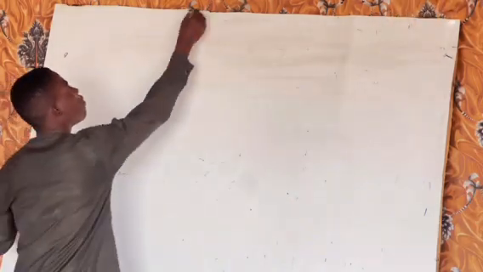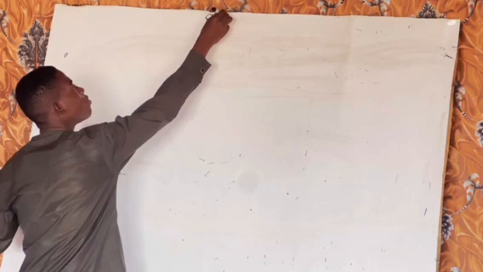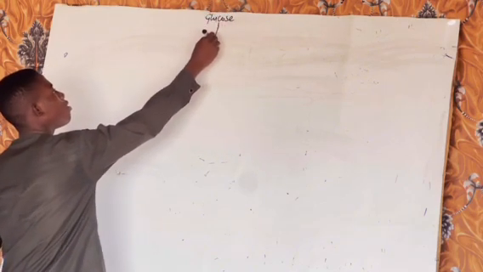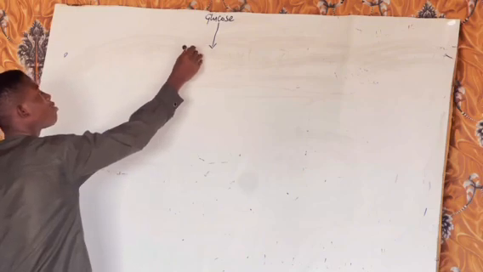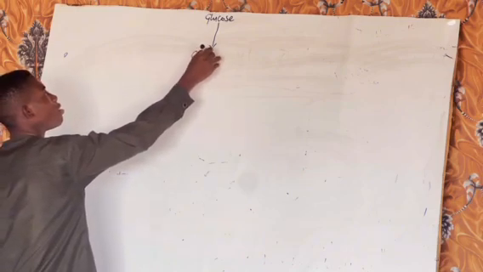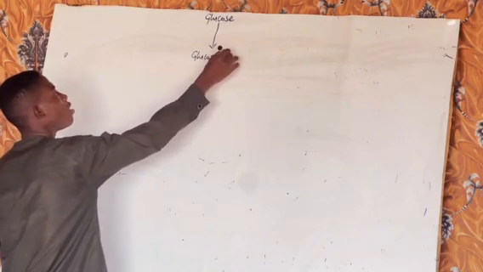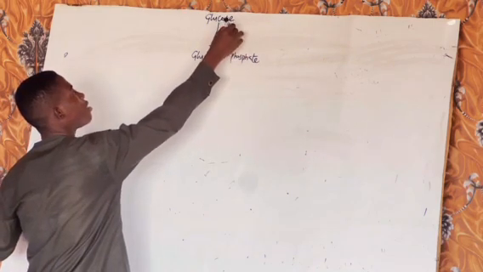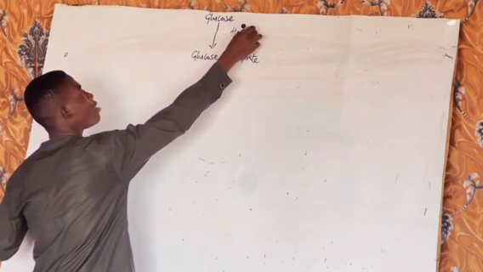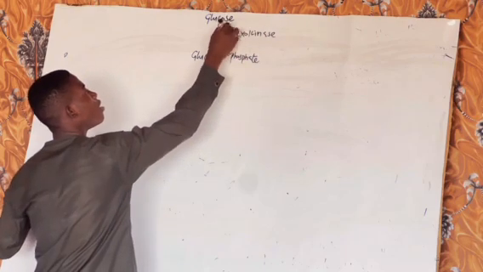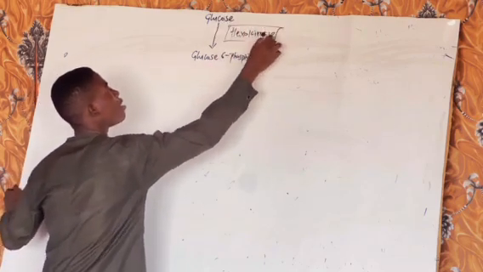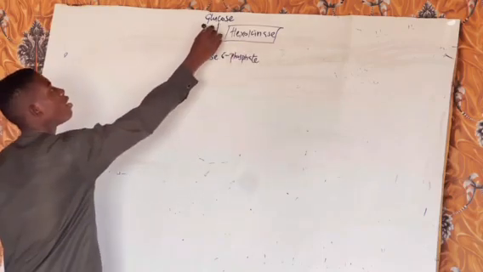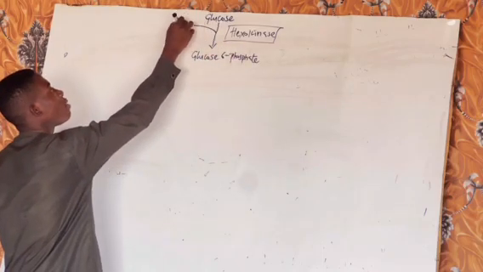So we have from glucose a hexose monosaccharide. Glucose is converted to glucose 6-phosphate by an enzyme called hexokinase. So where is the phosphate coming from? 1 molecule of ATP enters.